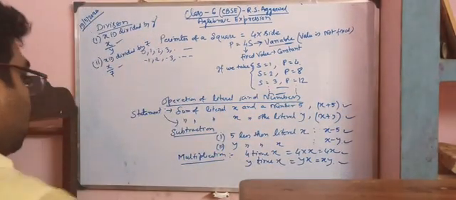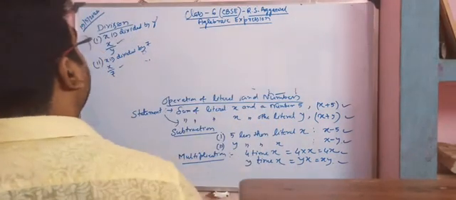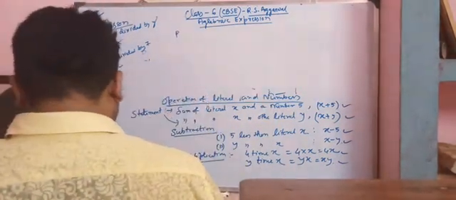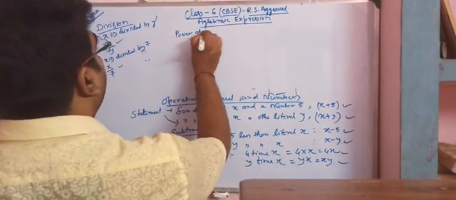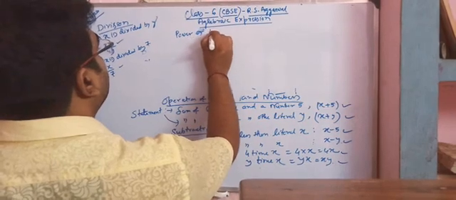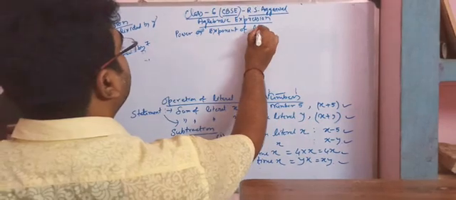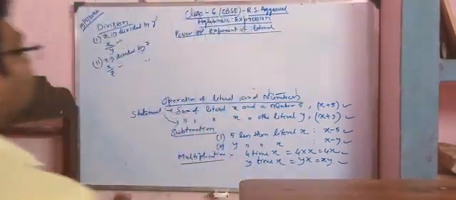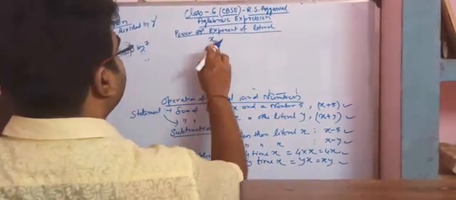Next come to power of literal. Power or exponent of literal. If we multiply similar literals, that is x, first we take x.